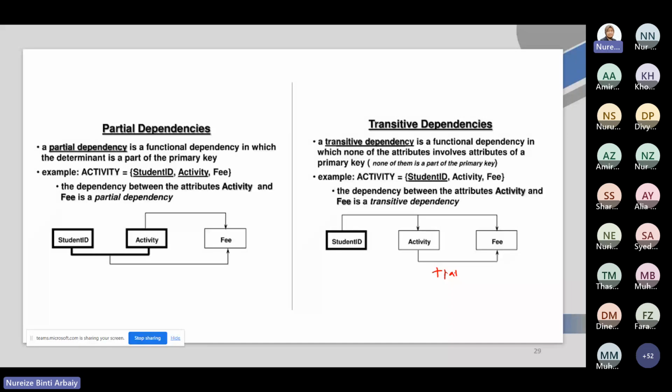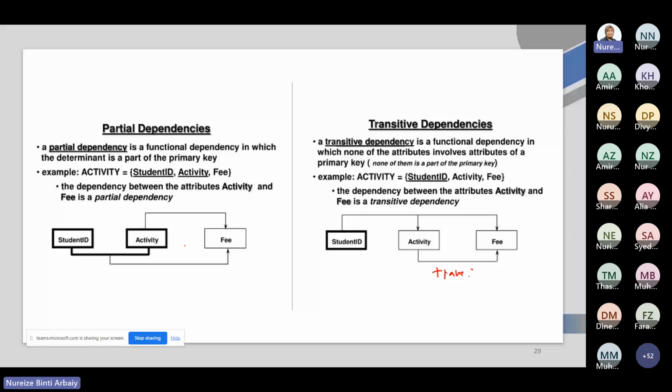Okay, and this part, student ID is combined with the activity to identify the fee. Logically, student ID cannot alone be used for the fee because we do not know what activity they are involved in. So that's why they combine the student ID and activity.